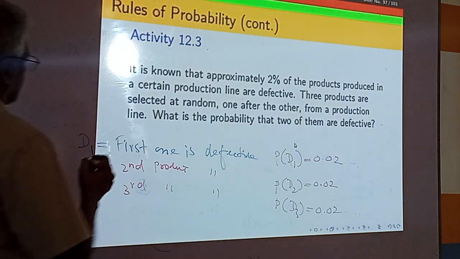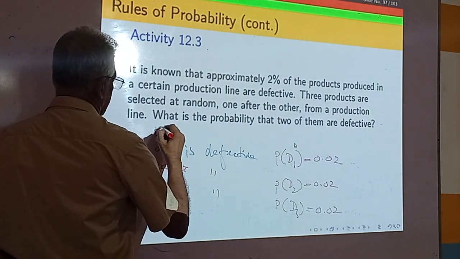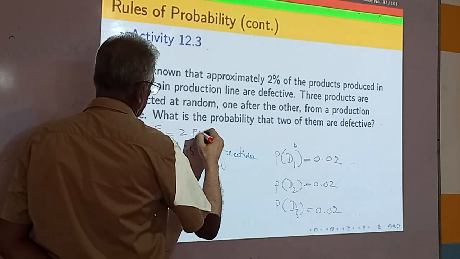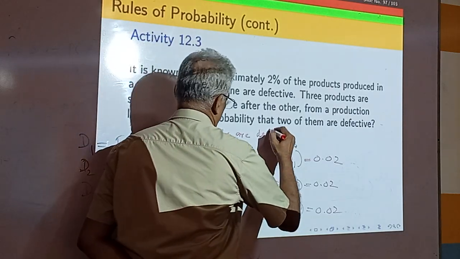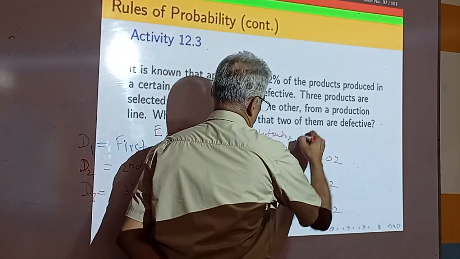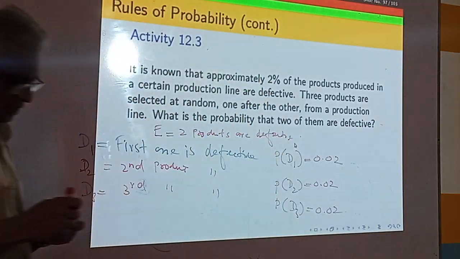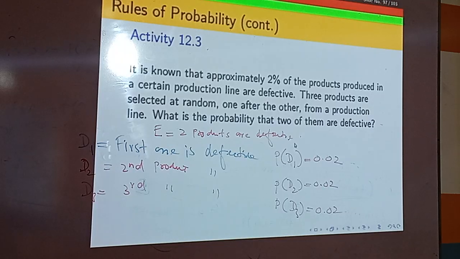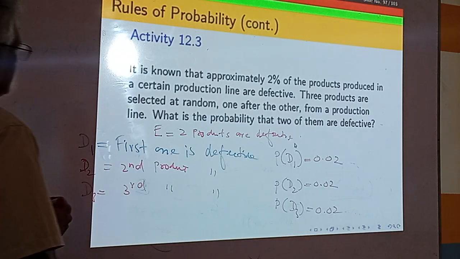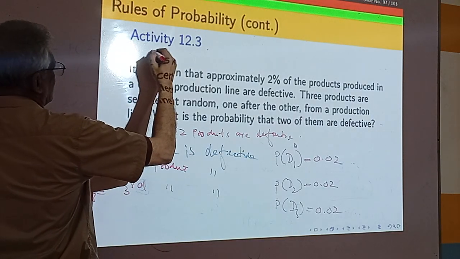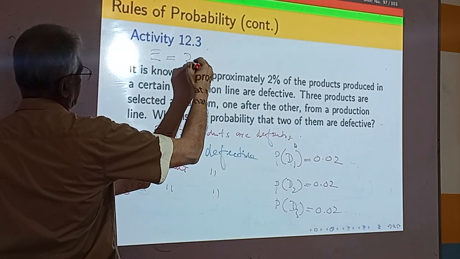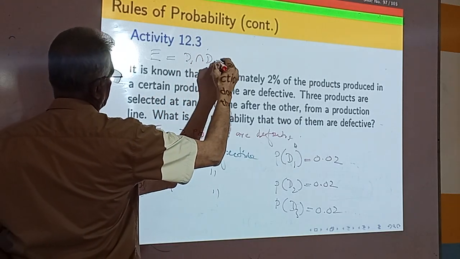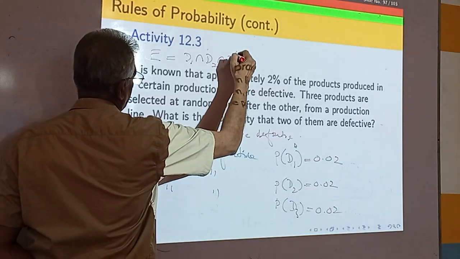right? So let's say, for example, E is the event that two products are defective. So how can we write down E in terms of D1, D2, D3? E is equal to, you can say, for example, D1 intersection D2 intersection D3 dash.